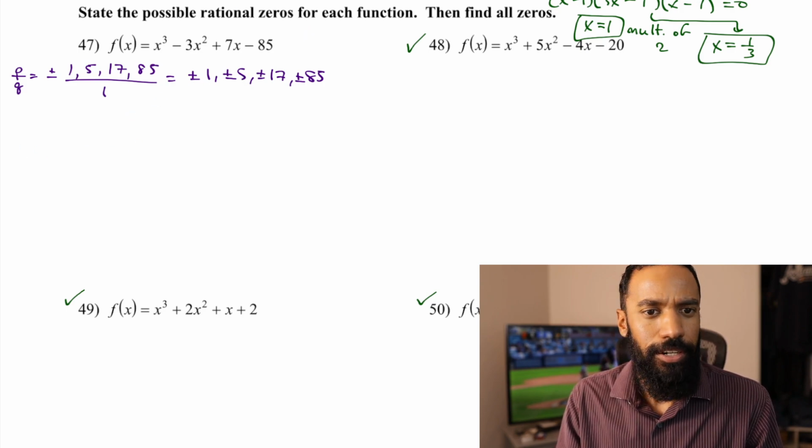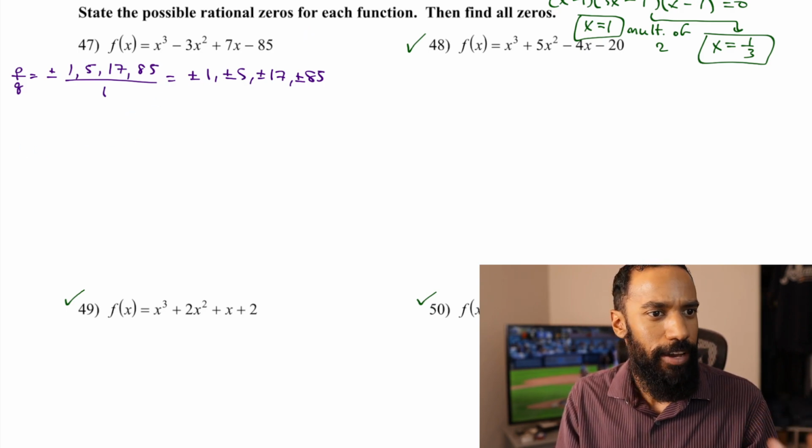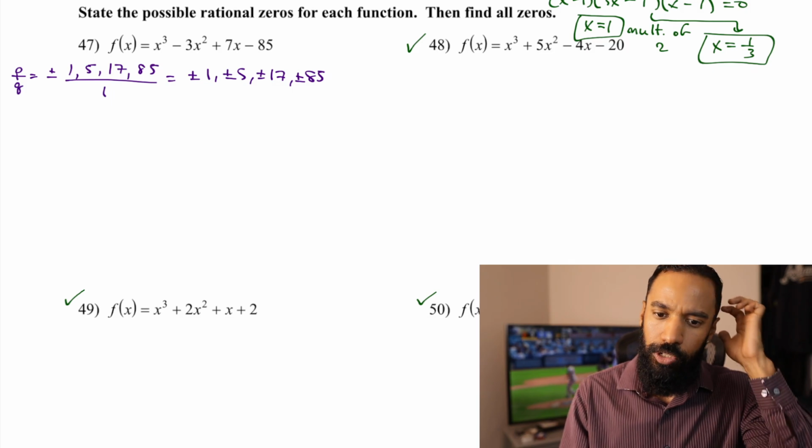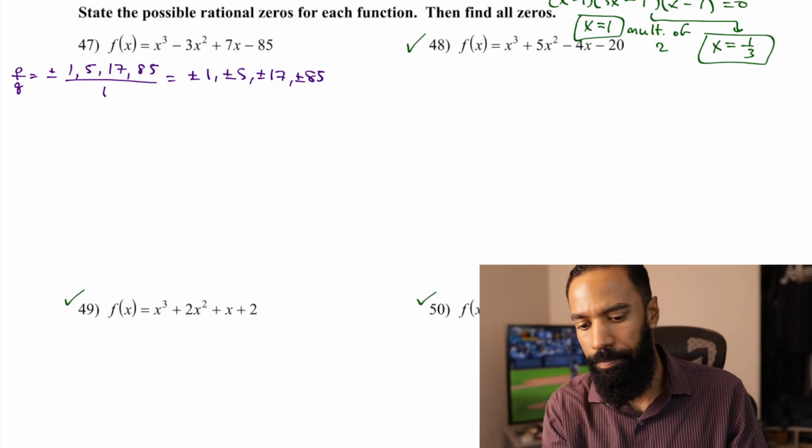I'm going to use the calculator for this one right here. I do have to find one of them. This isn't factorable by grouping, so let me show you what that looks like. I'm going to plug in that equation, x cubed minus 3x squared plus 7x minus 85, and plug in numbers really quickly by going to my table.